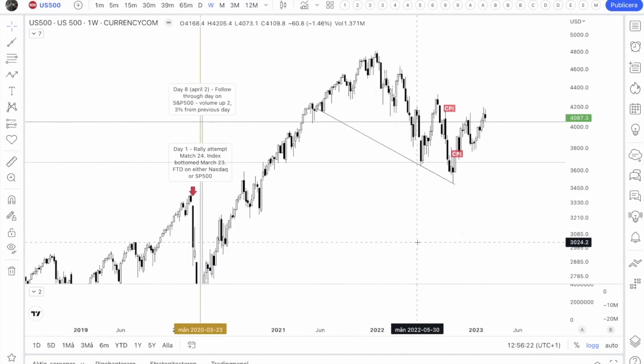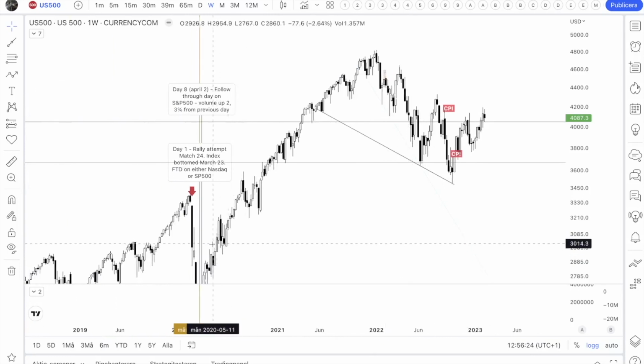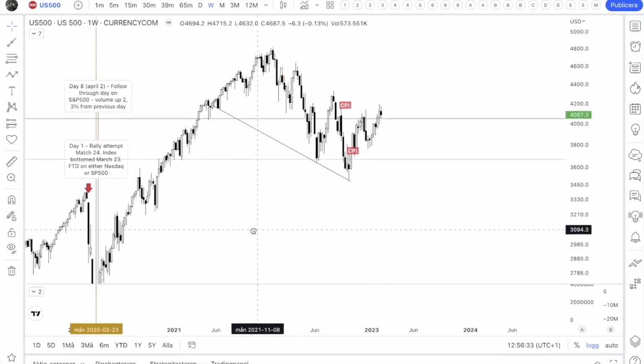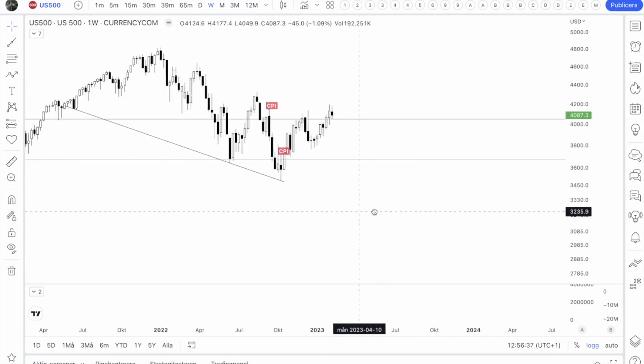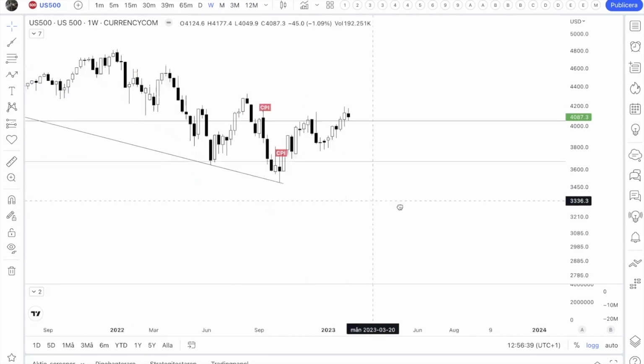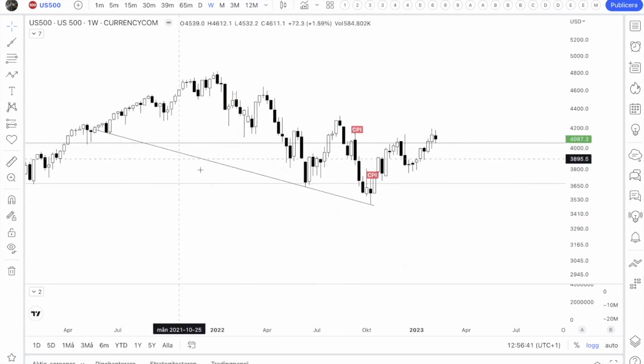That would have been around here, where we have some price over here and here, right? So it could have happened, maybe not the most probable scenario. But this one did play out.